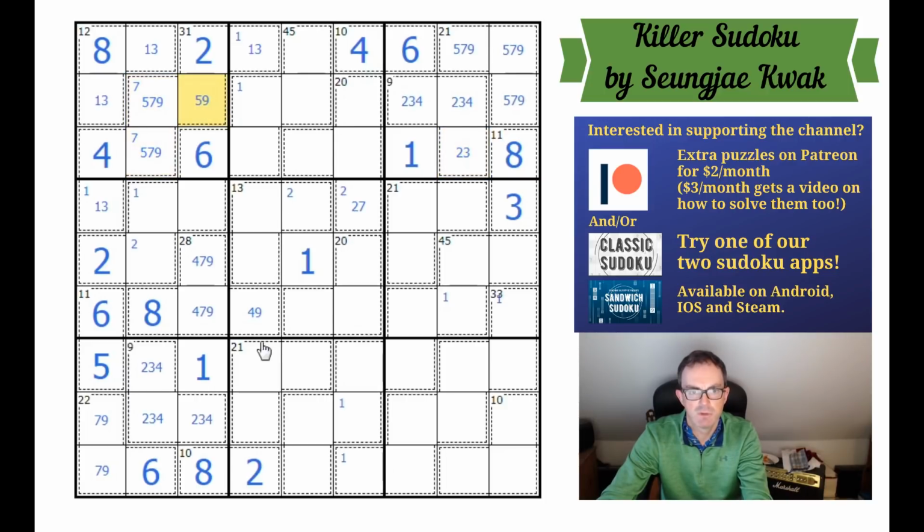That can't be a 7. This must be 5, 7 or 9. I was just checking the rest of this 45 cage in case 5, 7 or 9. 2 must be in one of those squares.